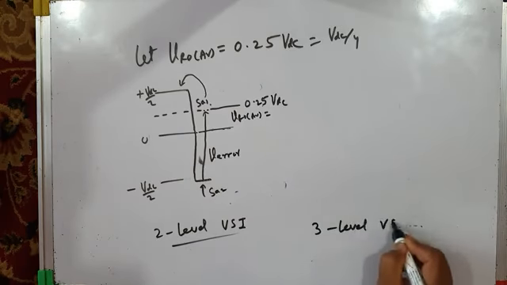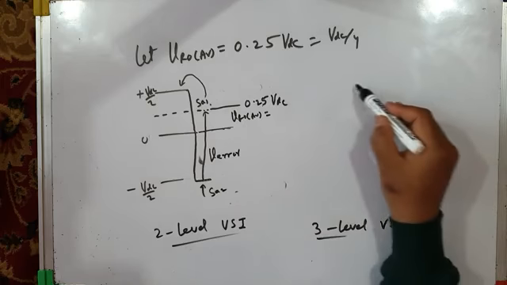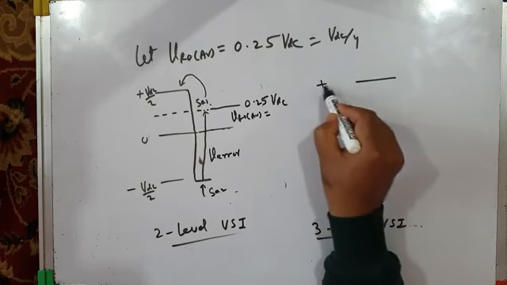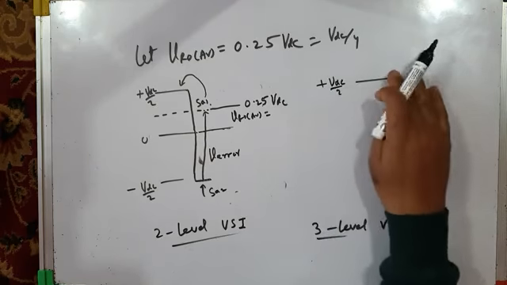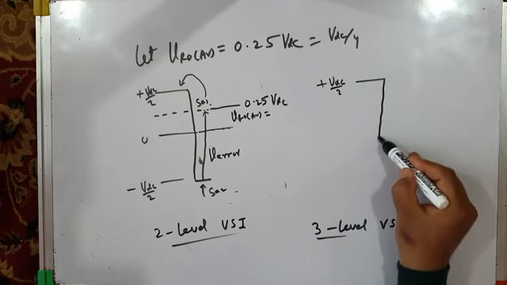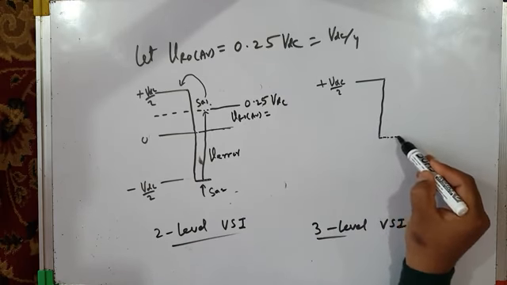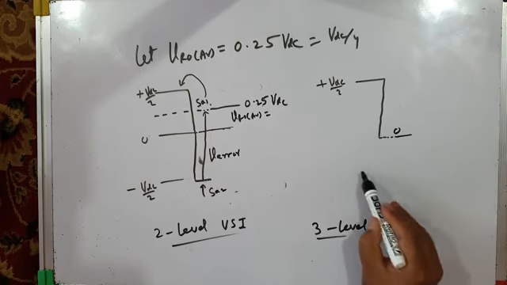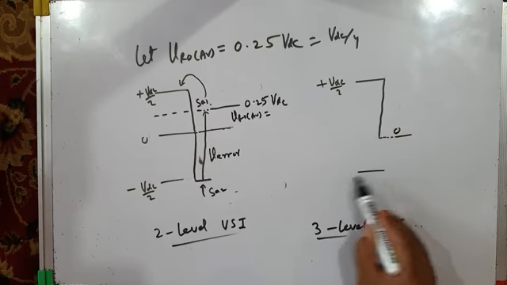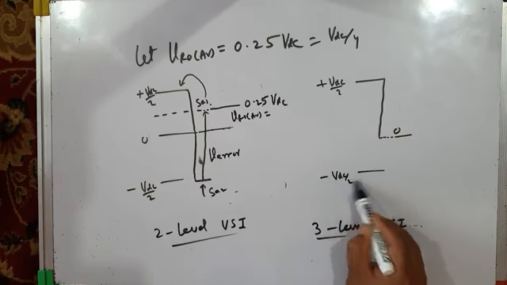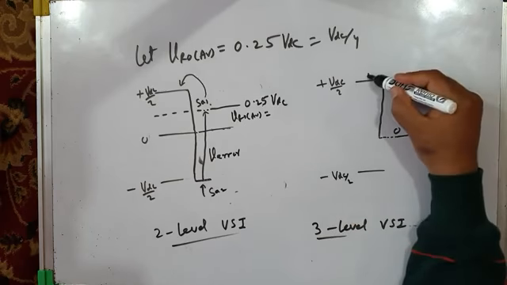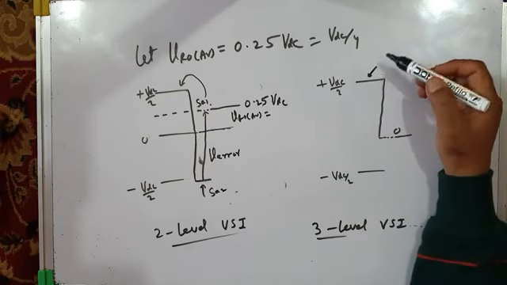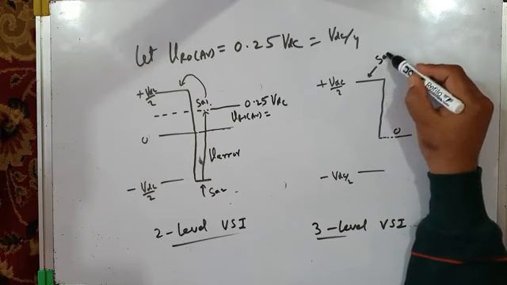For a 3-level voltage source inverter, this is our plus VDC by 2, and it's then 0, and this is, for example, minus VDC by 2. But what we are doing, we are keeping the top switches on, these are top switches, SA1, SA2.